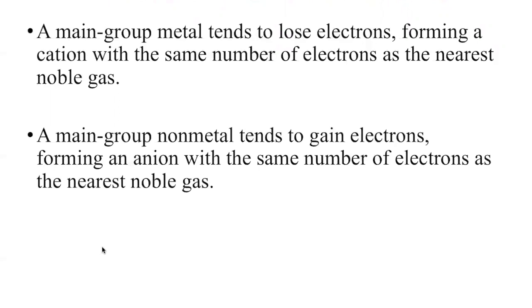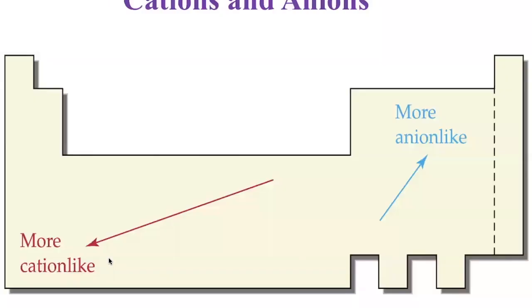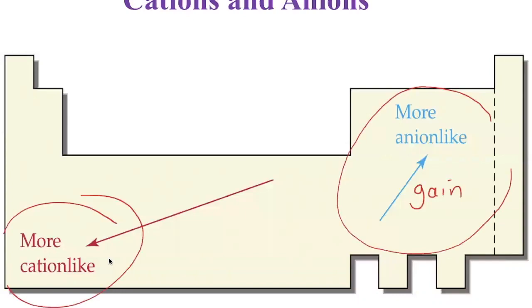The main group nonmetals tend to gain electrons in order to become like the nearest noble gas. So in general, this side is more anion, because these are the ones that like to gain electrons. This side is more cation, they like to lose electrons.